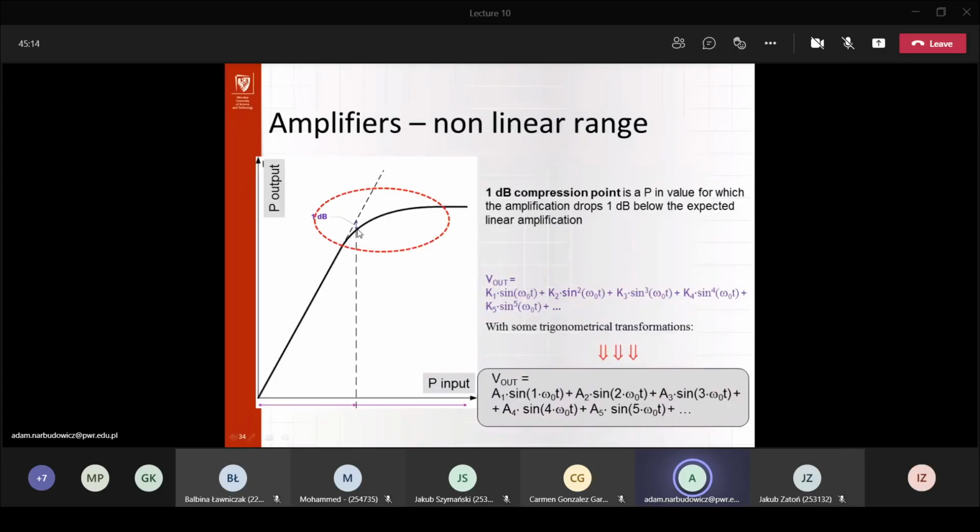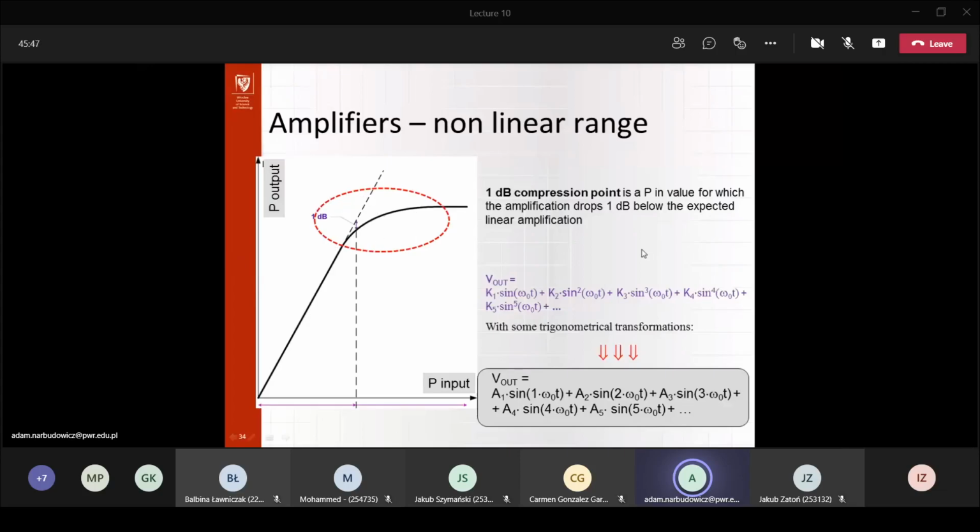Obviously, if you want a nice linear amplifier just to amplify the signal, you want the 1 decibel point to be as high as practicable, because for amplification you would simply use this range of the transistor. However, if you want to do mixing, the nonlinear area is where you are quite interested.